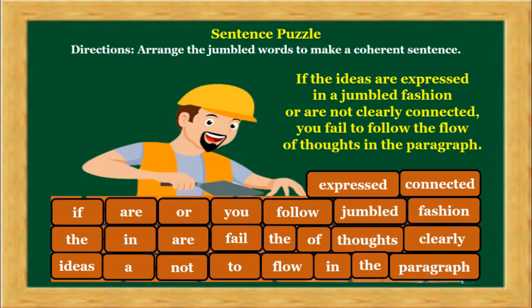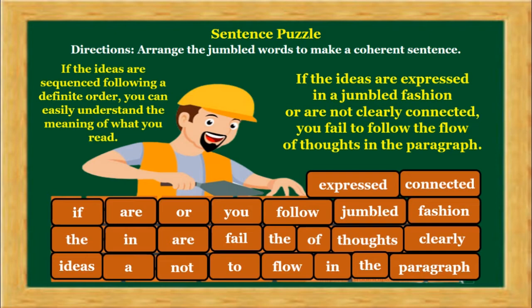Likewise, in writing, even when a paragraph has an effective topic sentence, readers may have difficulty understanding and accepting what you have to say if the sentences do not flow smoothly. On the other hand, if the ideas are sequenced following a definite order, you can easily understand the meaning of what you read.